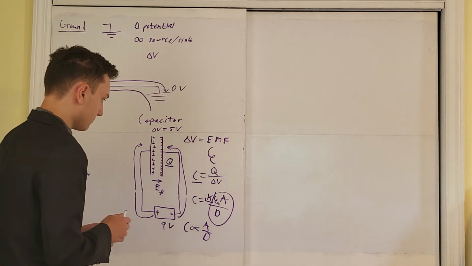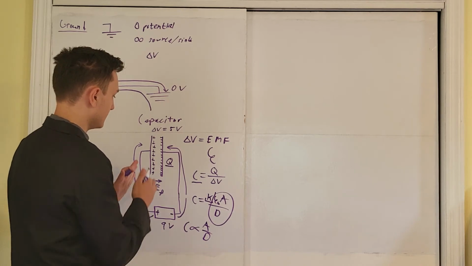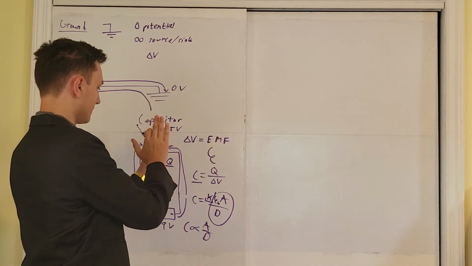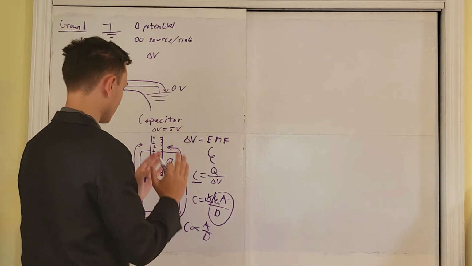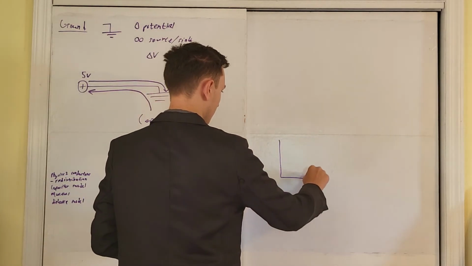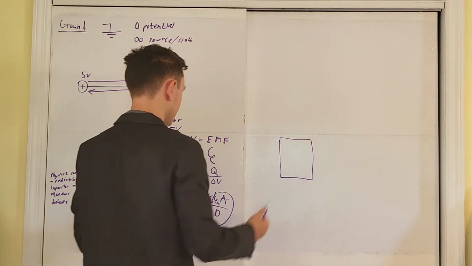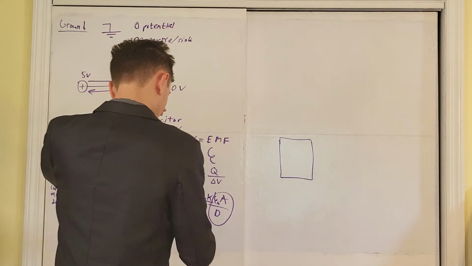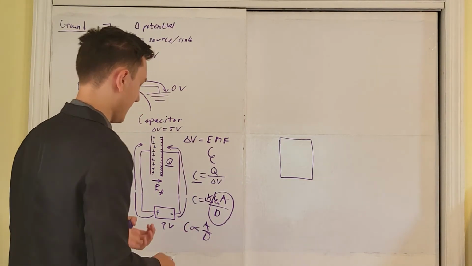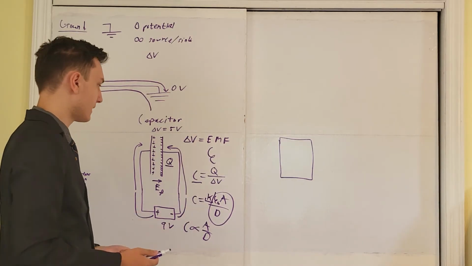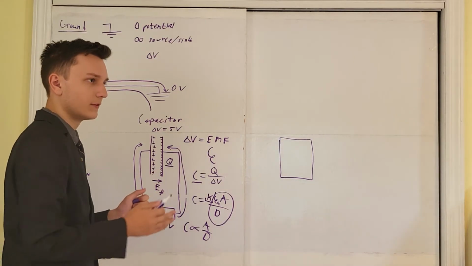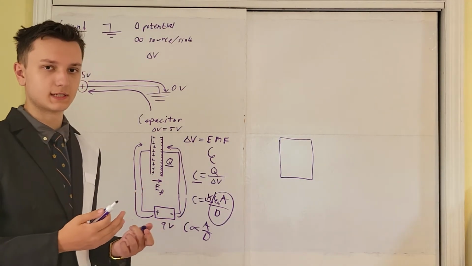So in a parallel plate capacitor, again, these are plates. So if I turned this circuit 90 degrees and I looked at it from a different angle, this would look like a square to me, or some plate. Okay? So therefore, the capacitance is equal to the overlapping area. What do I mean by overlapping area? In the two plates, it's very common for you to have two plates that are the exact same size and shape.